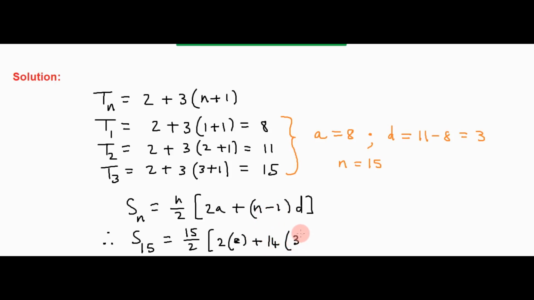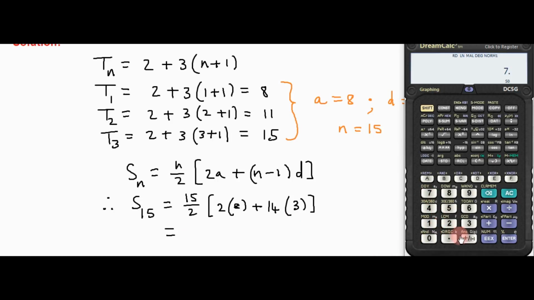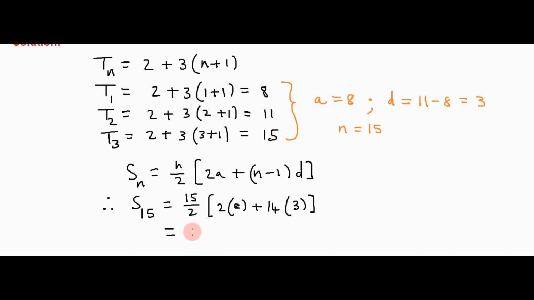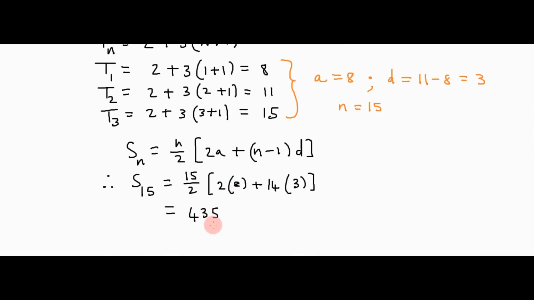And we also know that D is 3. This we can evaluate on a calculator. And we see that it comes to 435. So then the sigma notation here is a sum to 15 terms, and it comes to 435.